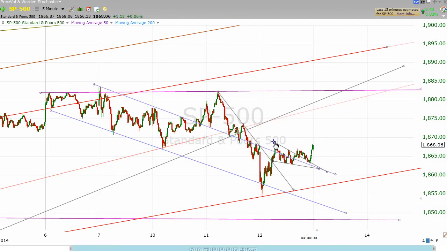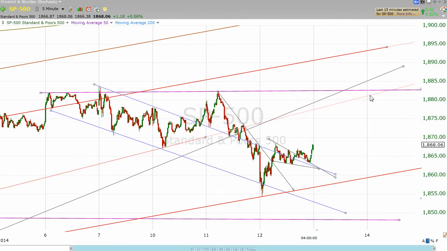Then we got over it, then went sideways, and it's open to interpretation if you want to just say that's a straight little flag, or whether you want to say, well, actually no, it's a pennant, and this was the initial breakout, and then we back tested it, and then near the end of the day we had our little rally.